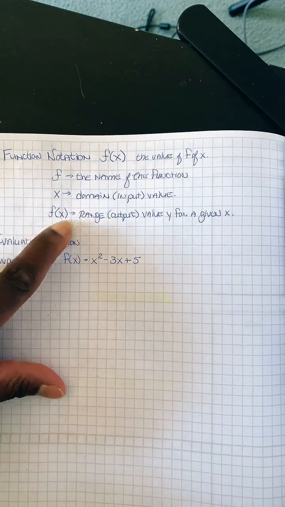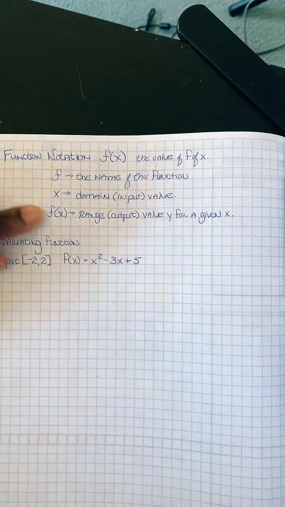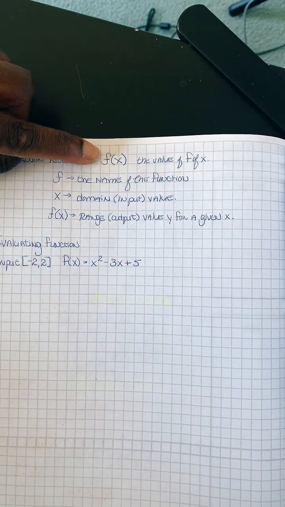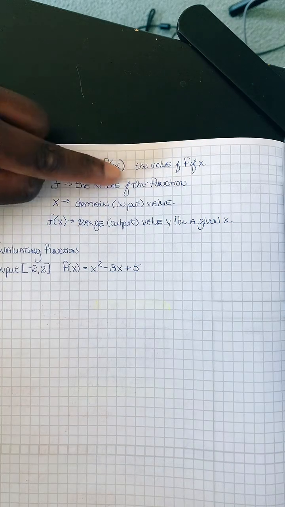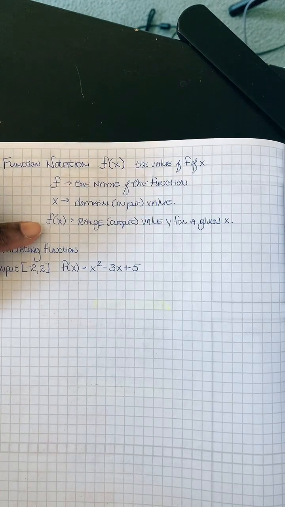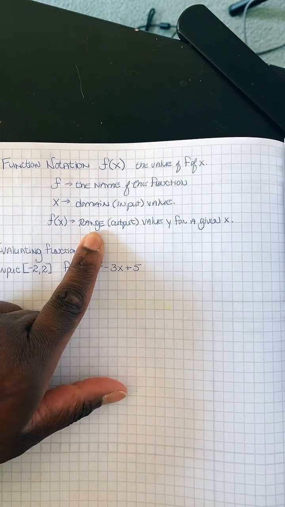The f of x is your range. It's your output. So the x is what you plug in. The f is what function we're going to use. But this whole thing, f of x, g of x, p of x, s of x, that's going to be your answer, your range.